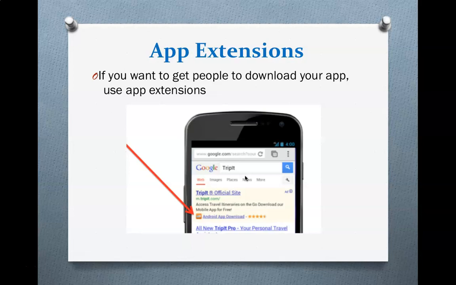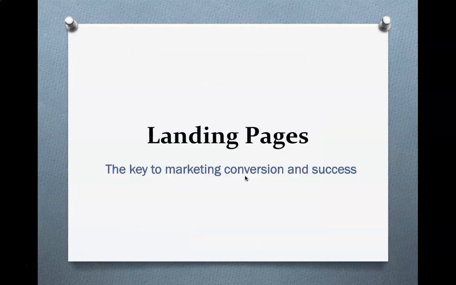These are just examples, as an introduction, and it really depends on the objective of your digital marketing strategy, and then you can research each of those more. The last thing we're going to talk about today is the landing page.